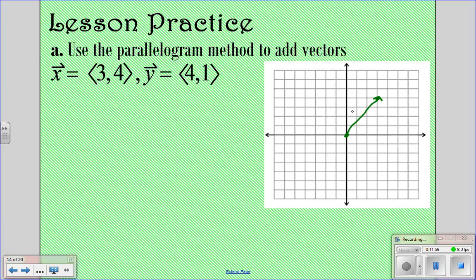So that's vector x. And then we're going to go over 4 and up 1. And that's vector y.